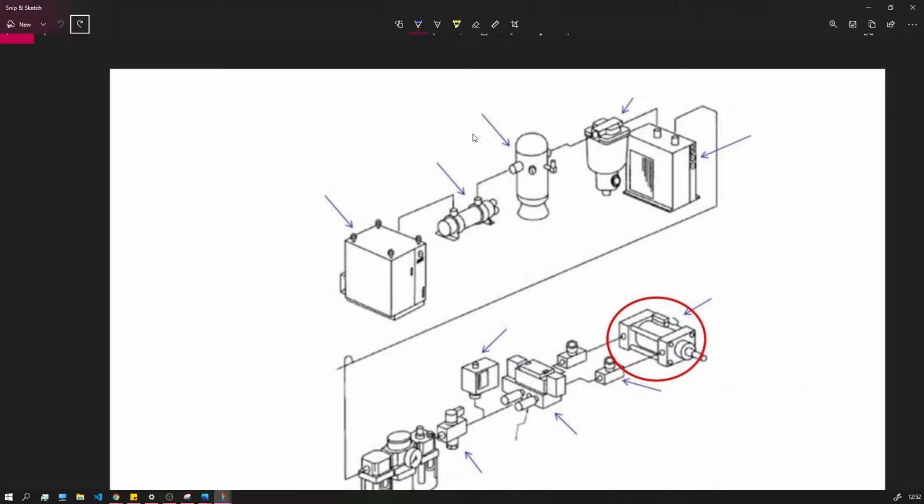Well, let's dive into the production side first, and then let's talk about the consumer side. So we already know that there is a compressor that compresses air and produces that energy.